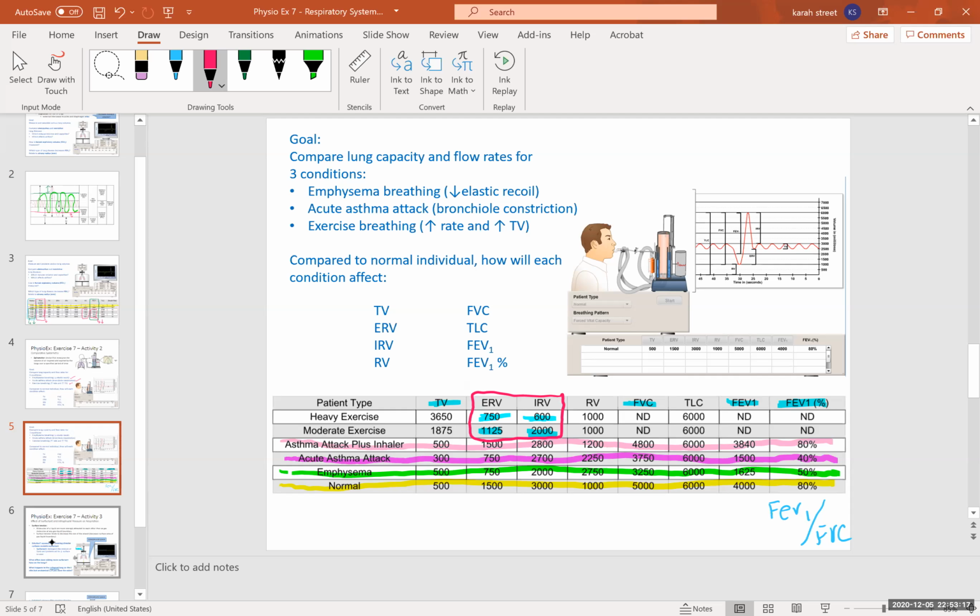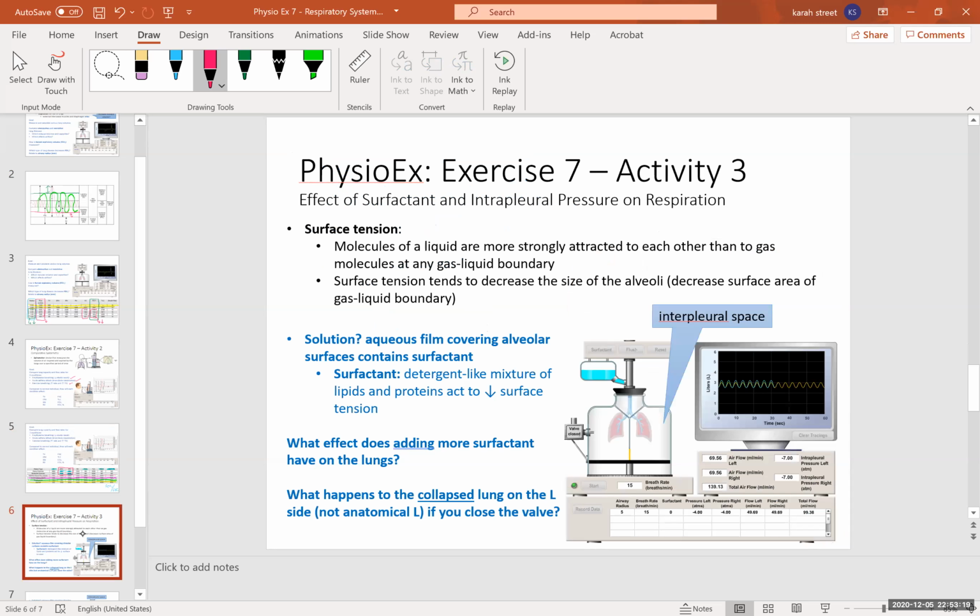Moving on to our last activity, in this activity we're looking at the effect of surfactant. And we're also going to look at intrapleural pressure, these two things, on how they affect respiration.